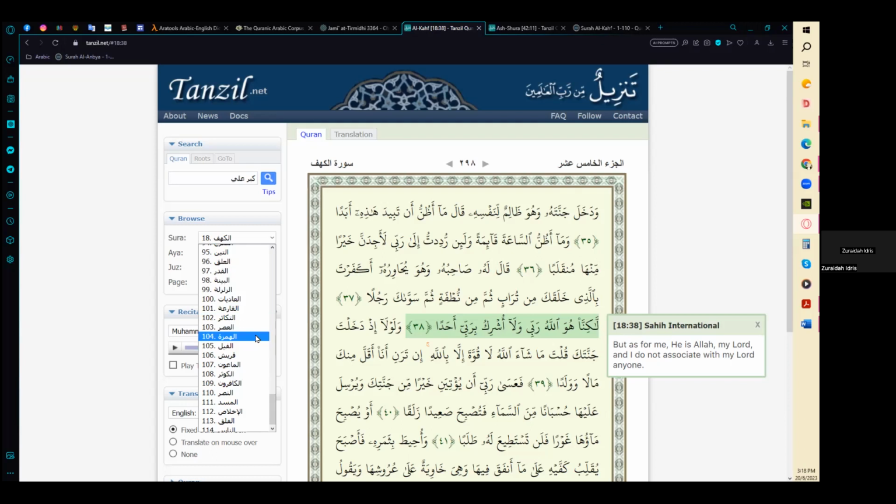We were talking about Al-Humazah, initially the first thing that we talked about. It was said that Al-Humazah is all about how we behave in society, how we treat the ones who are not so privileged as we are. And then we talked about time. And then we talked about At-Takasur.